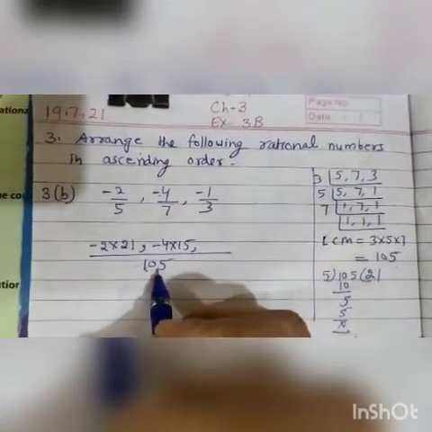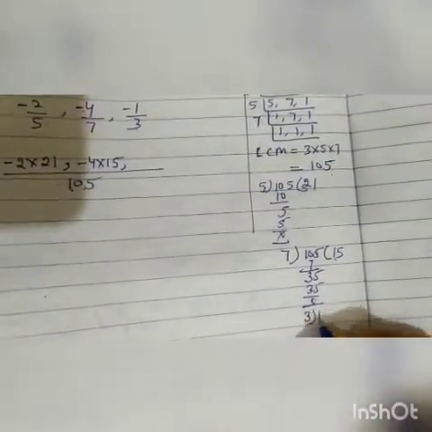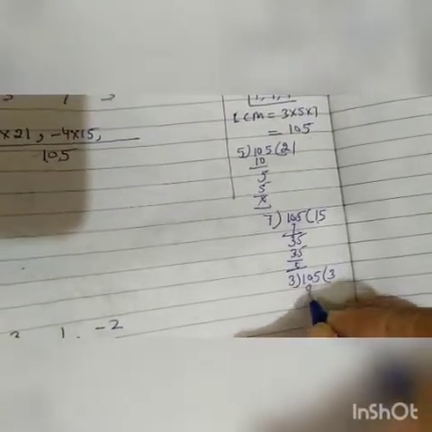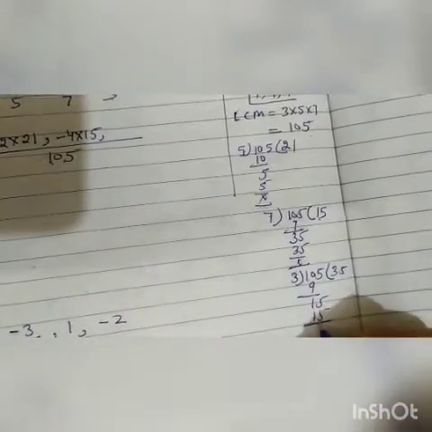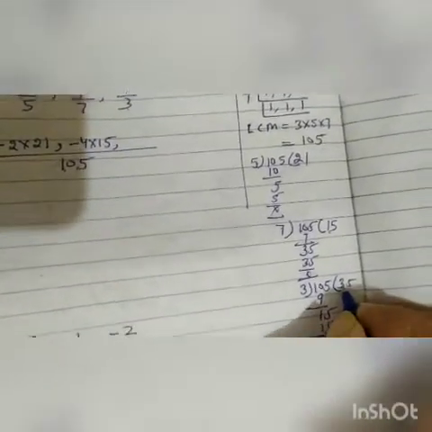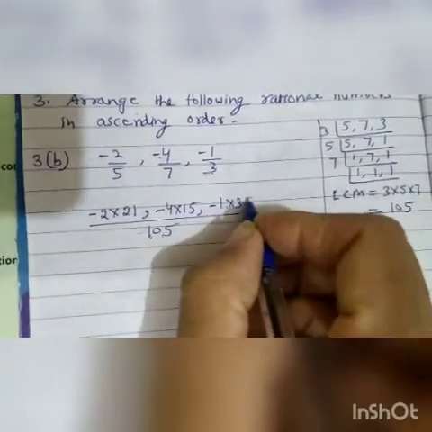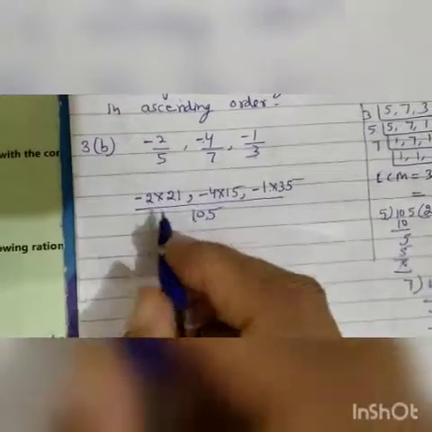Now divide 105 by 3. When we divide 105 by 3, we get 35. This 35 will be multiplied by minus 1, into 35. Now 21 twos are 42.